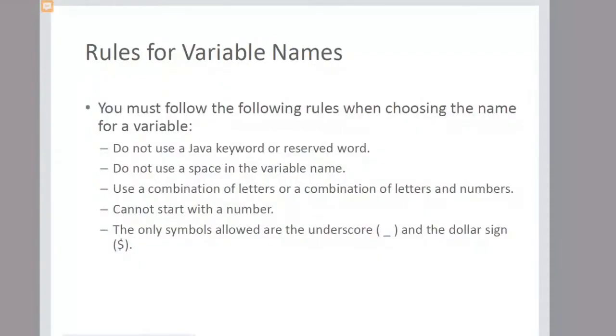Now, the rules of a variable name. You already know how to make a variable name. It can start from small a to small z, but it must not use keywords. What are the keywords or reserved words in Java? Such as continue, class, scanner, break, void, abstract, final keyword, static keyword.